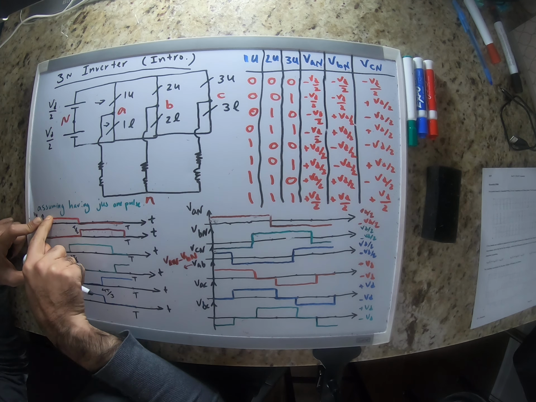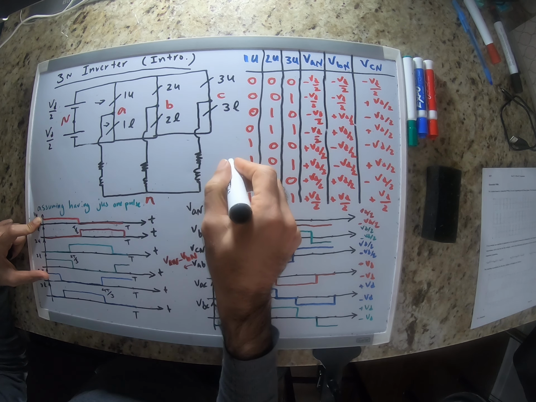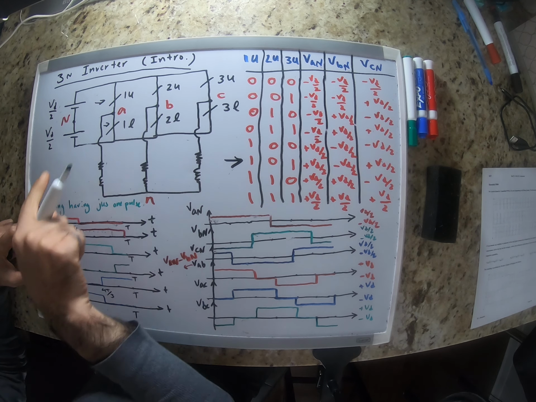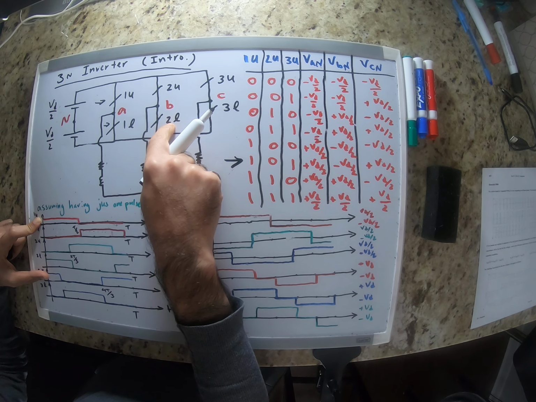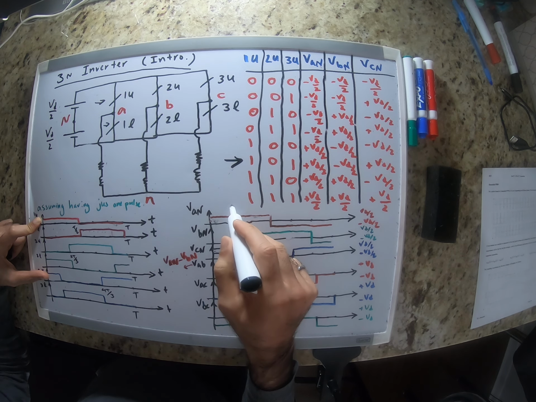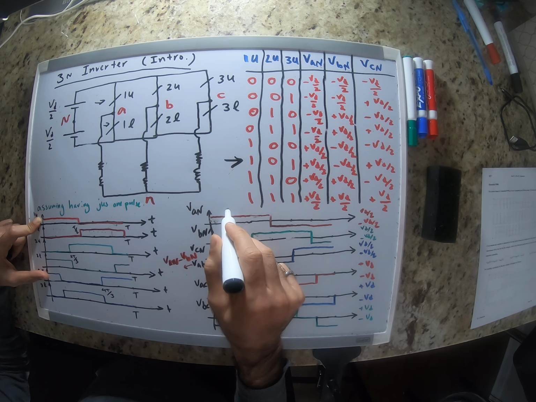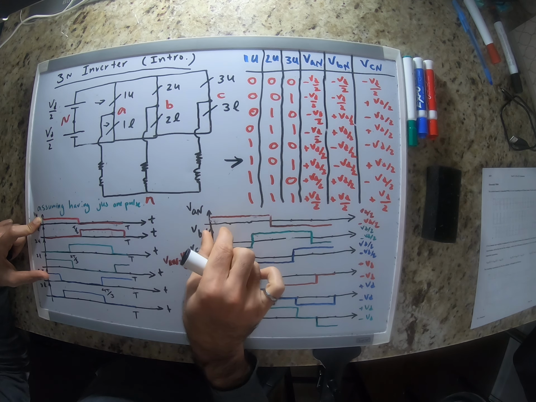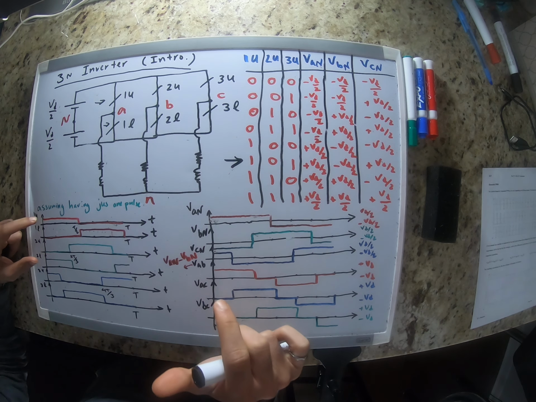So we would have 1, 0, 1. So we would be in this state, right? 1U is on, 2U is off, which means that 2L is on, and 3U is on. So that's what we end up with in the first out of the 6 sub periods that we have.